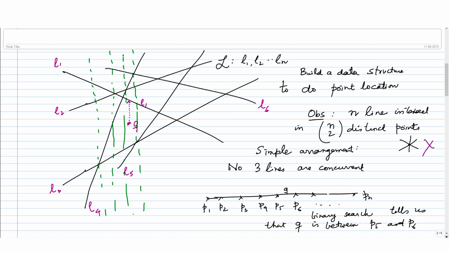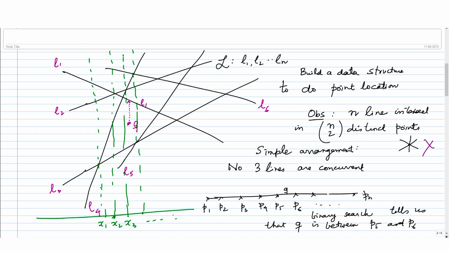Now, if you see the vertical lines, they intersect the x axis in some points, which we can capture using, let us say, x1, x2, x3 and so on. Since there are n choose 2 distinct points, there will be about n choose 2 such x coordinates.